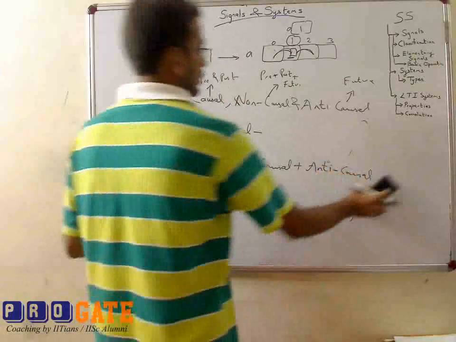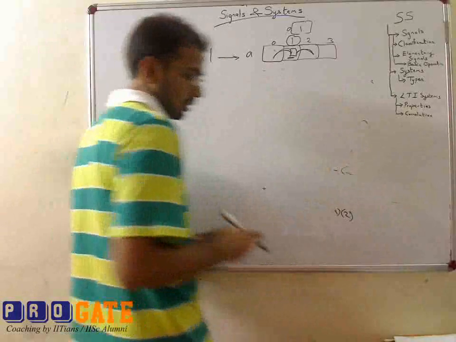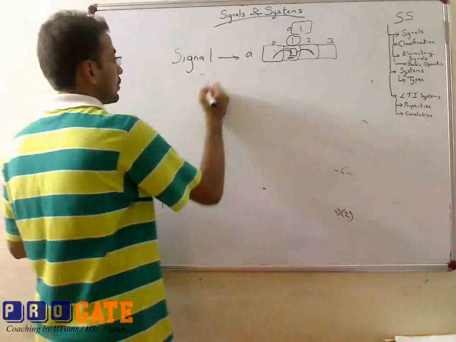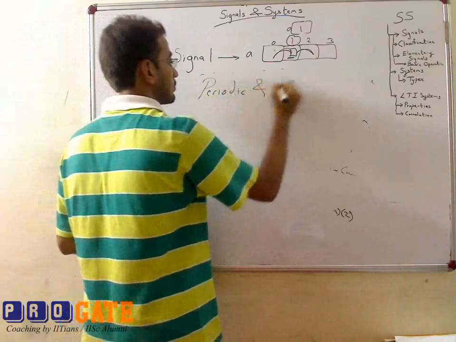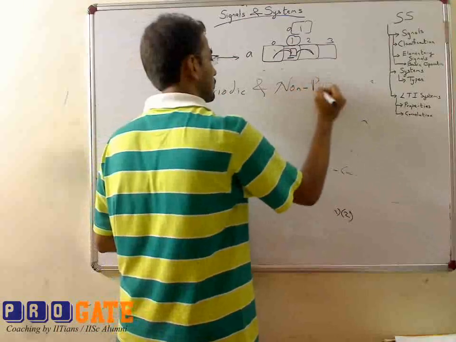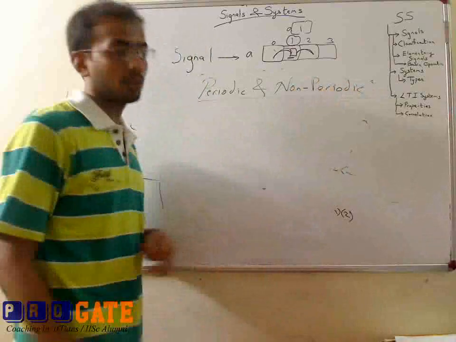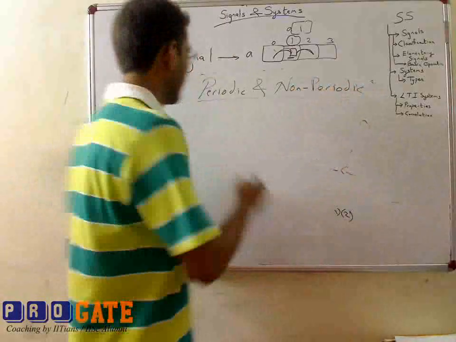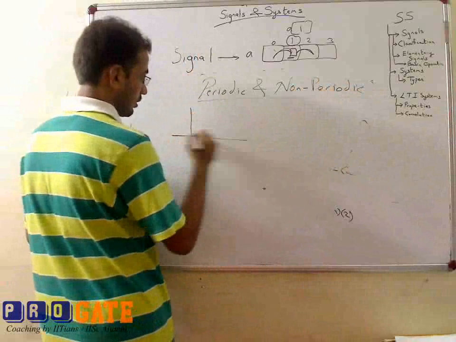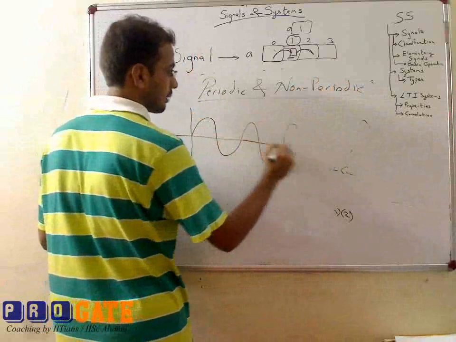Moving towards the fourth classification, which is periodic and non-periodic. As the word signifies, periodic signals are signals which repeat after some interval. If I take the example of a sine wave, it has some frequency and based on that it will repeat.